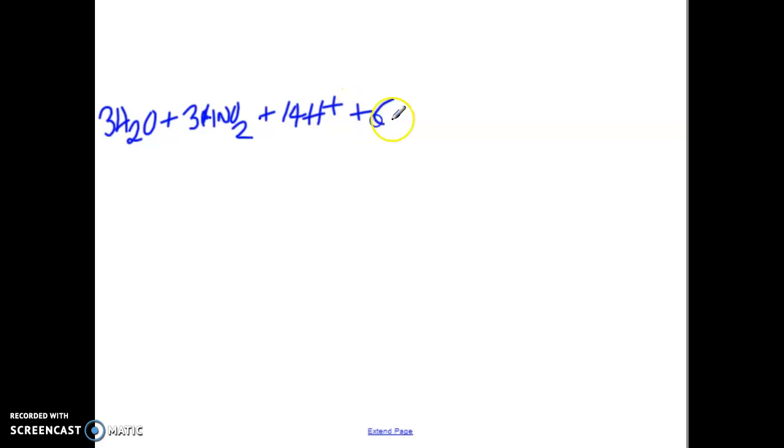All right, so let's rewrite this all out. So we had 3 water, just to squish this in here, 3 HNO2 plus we had 14 hydrogens plus dichromate. Let me write that out.